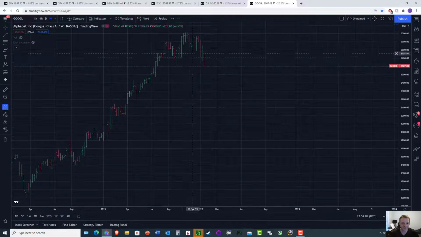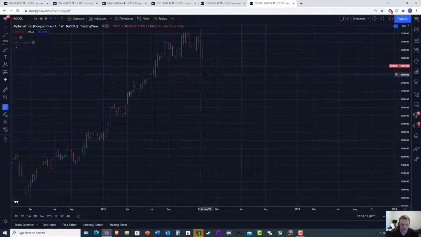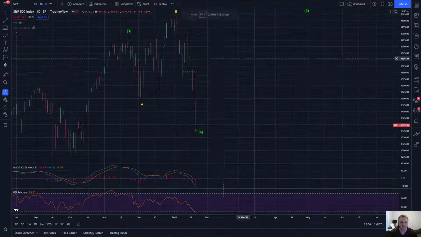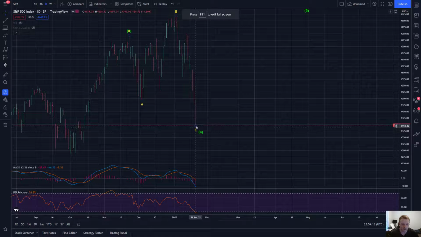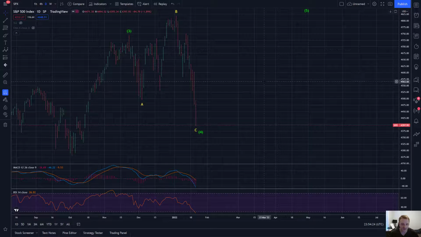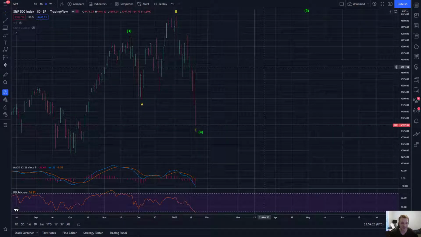So I'm going to lean towards, now we only get probabilities in this world. We don't get certainties, especially in the market. I'm going to lean towards this being near the end of a corrective move, at least at the index level, and that we still have one more significant large degree wave up to come. But I'm prepared to change my mind since there are some mixed messages here from a couple of the FANG stocks, and we are approaching those oversold levels that accompanied the initial leg down on that last major drawdown in spring of 2020.